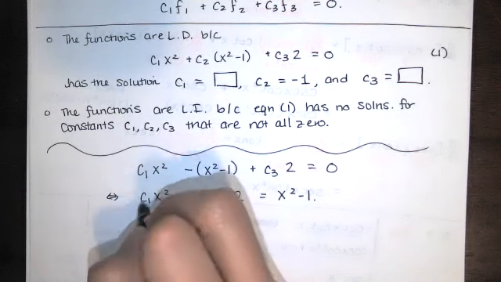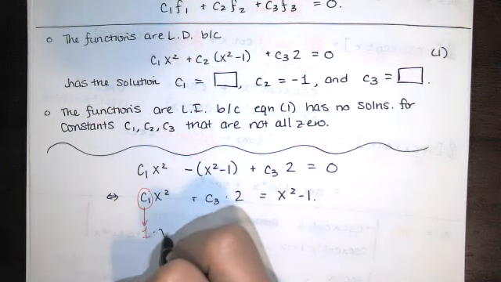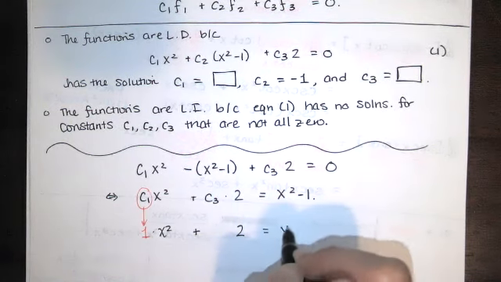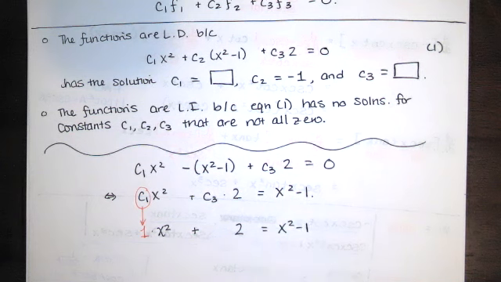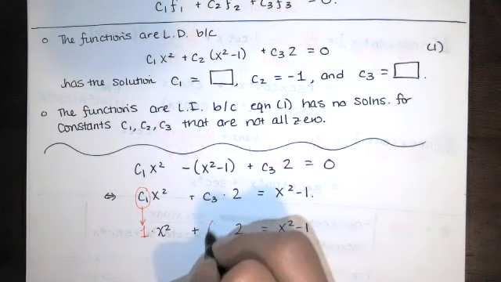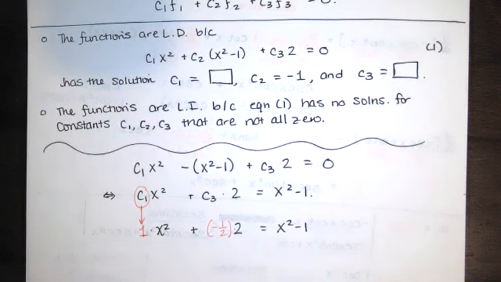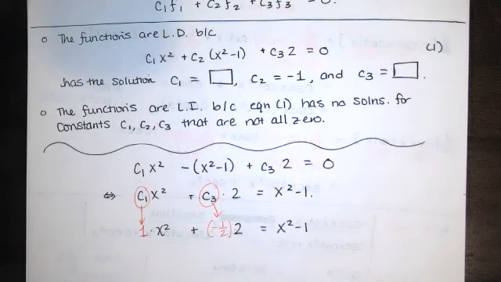So I think I'll choose for C1 to be equal to 1. And then if I want this C3 times 2 to be a -1, I guess C3 would just have to be -1/2 because -1/2 of 2 is -1. So I replace that there.